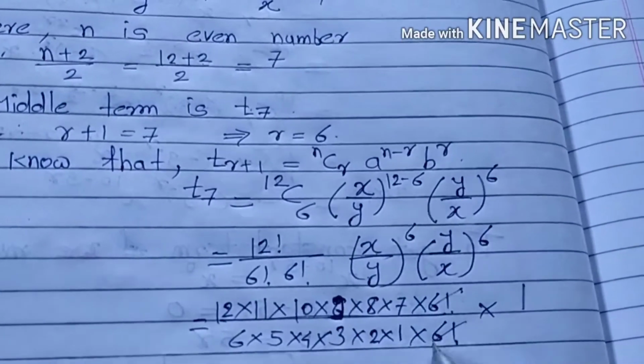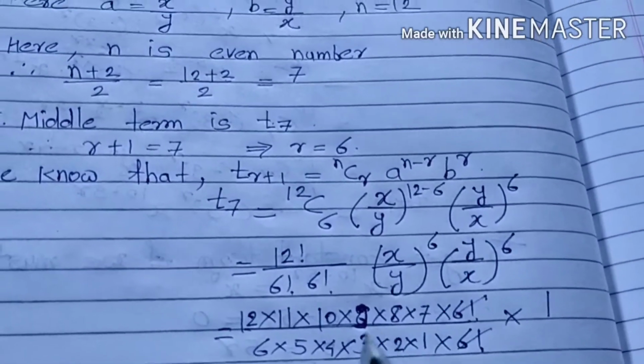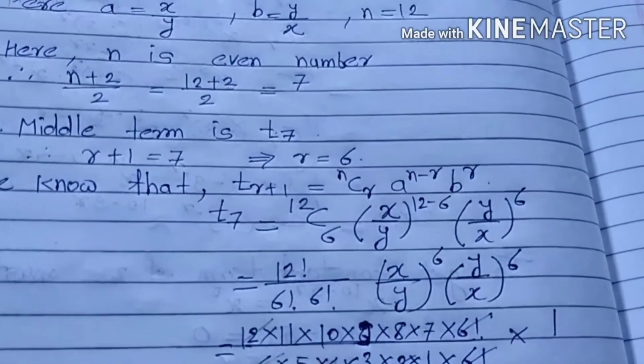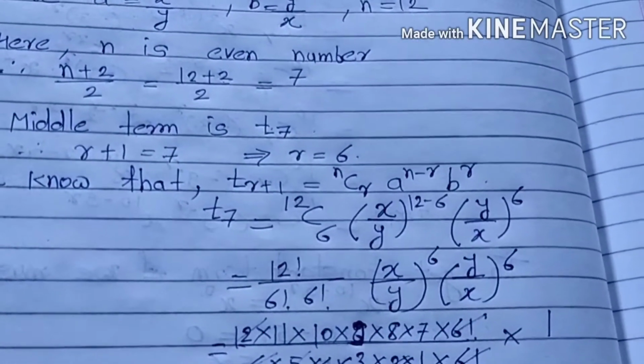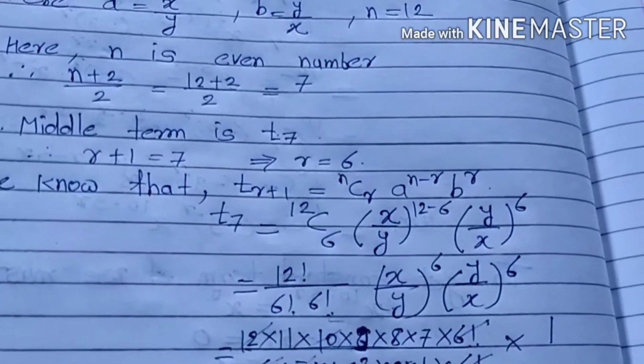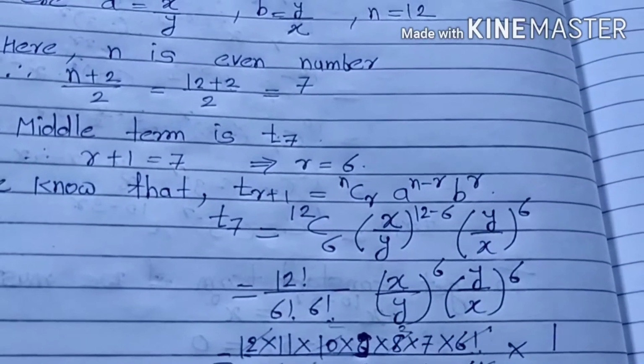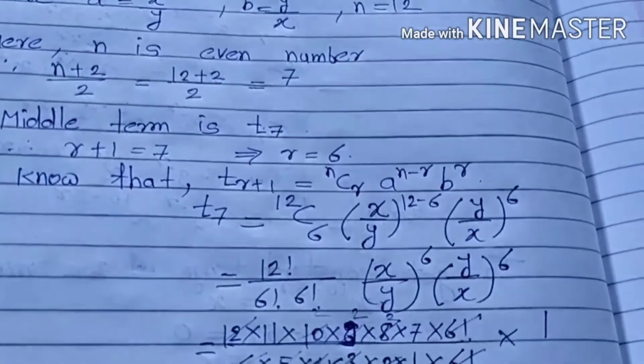Here 6 factorial cancels. 6 twos are 12, which cancels. And 5 twos are 10, 4 twos are 8, 3 twos are 9.